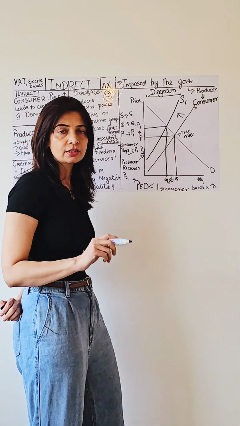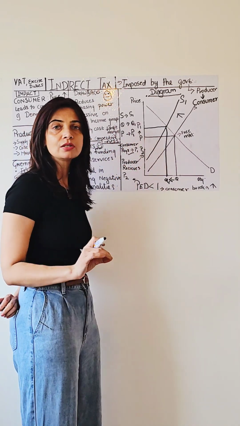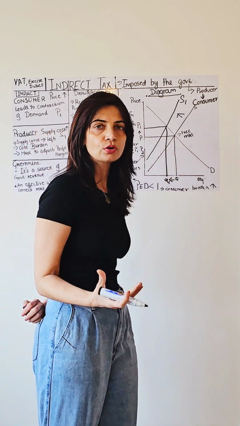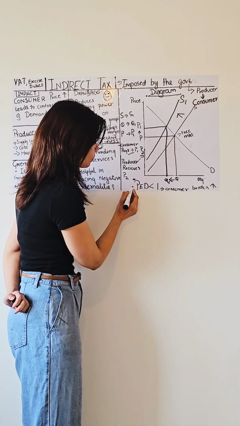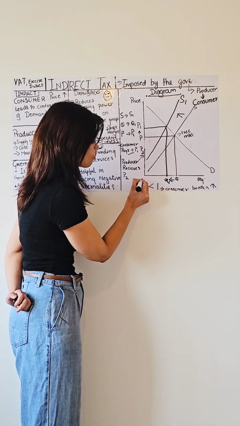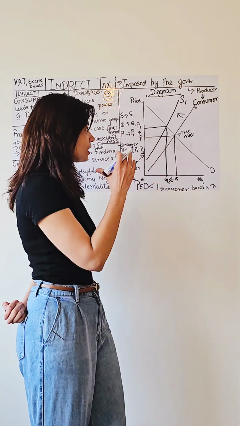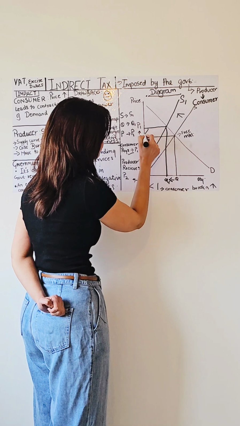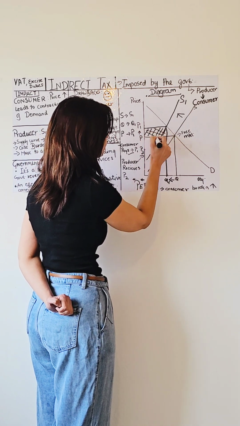The most important thing that you would like to remember here is that yes, it is going to lead to an increase in the market price, but how much impact it is overall going to make in terms of consumer burden would depend on the concept of price elasticity of demand. We'll come back to that later as we complete this diagram. So we can see that this is going to be the area of consumer burden.